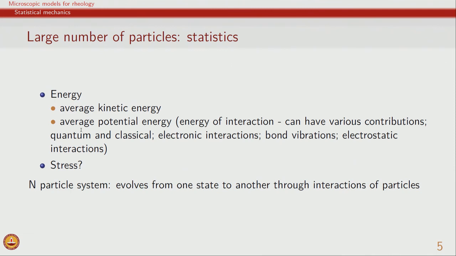There could also be classical interactions, in the sense of interaction between two charges, which are electrostatic interactions. So, depending on the nature of interactions and the interactions that are important for the system of interest, we have an average potential energy which can be described at the bulk scale also, depending on how each and every particle interacts with each other, and that is averaged to give us the bulk potential energy.